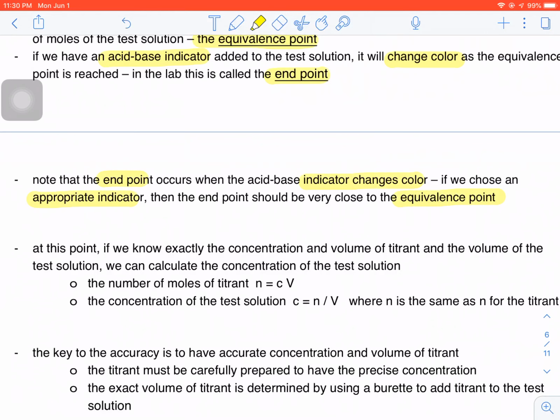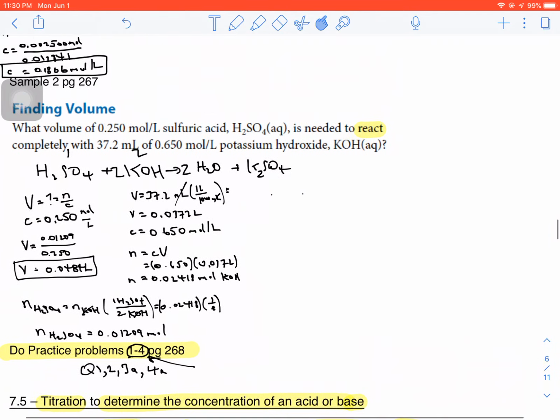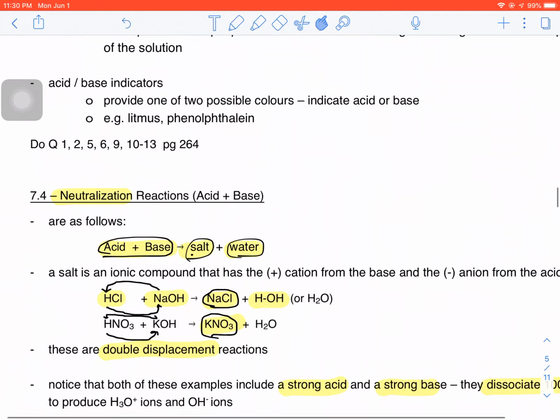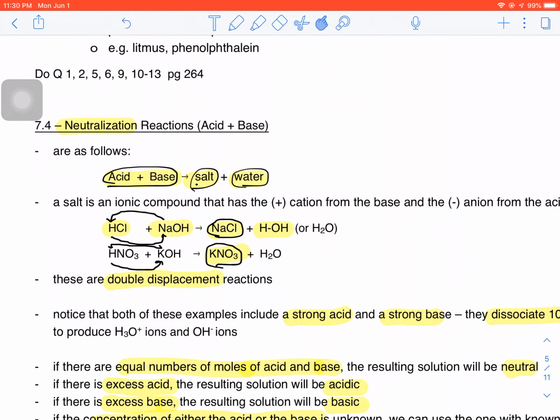where the number of moles of acid is equal to the number of moles of base. And isn't that going to be pH 7 when the acid is neutralized by base? Well, remember what my products are for a neutralization reaction: a salt and water. When I put an acid and base together and they neutralize each other, I will have this and this. Now, the water's pH is 7, we know that.